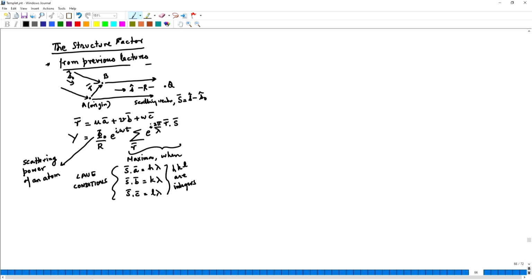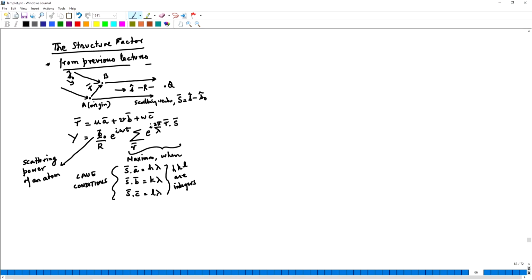This phi 0 would be higher for heavier atoms having larger atomic number as opposed to lighter atoms which have smaller atomic numbers. So, it is important to know that the intensity of the scattered X-rays will be governed by the kind of atoms that are present in the crystal.